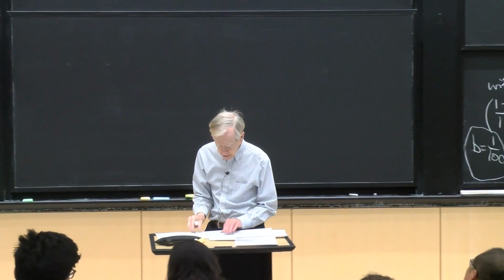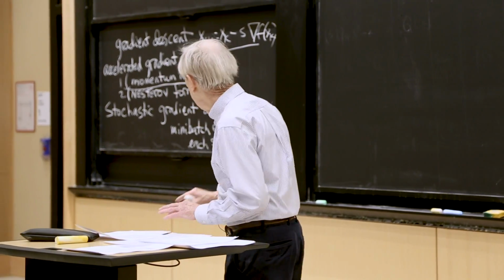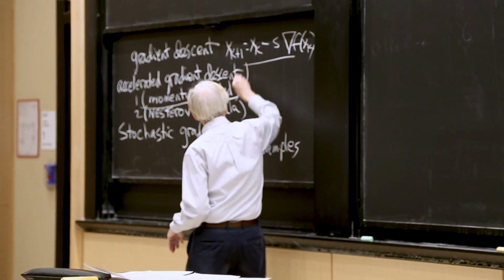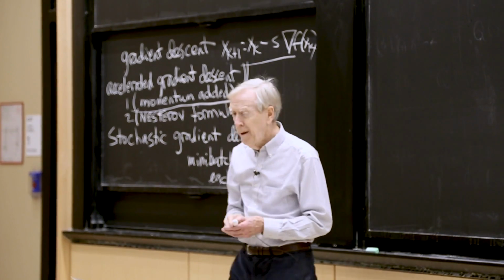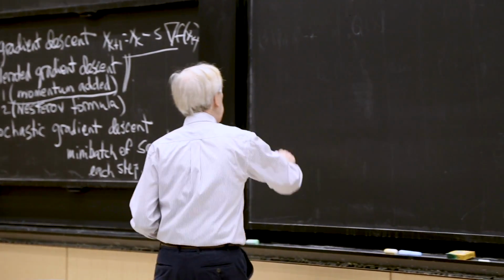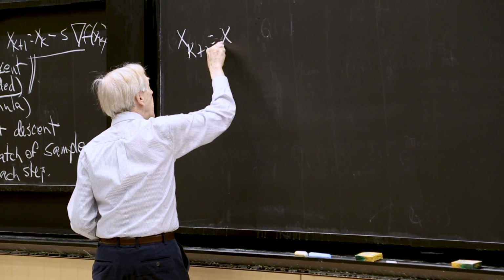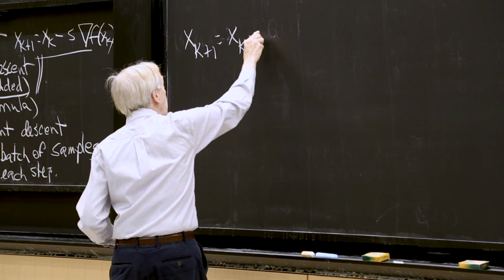Okay, now what does it involve? I'll write down the expression for the stochastic. Here we go. Here's one way to see it. The new x is the old x minus the gradient.